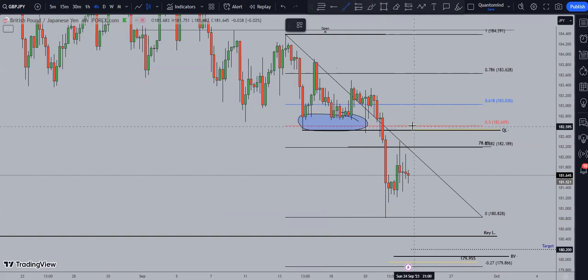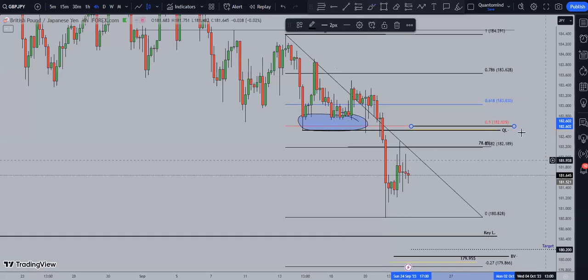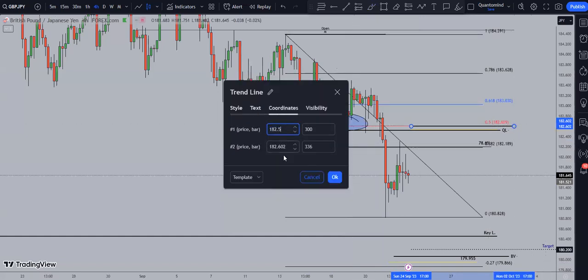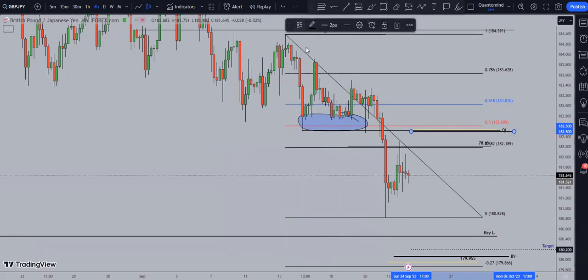And then the 50%, let me see, Fibonacci of the 50%. $100. So this is 50%. Okay, now we have confluences here.